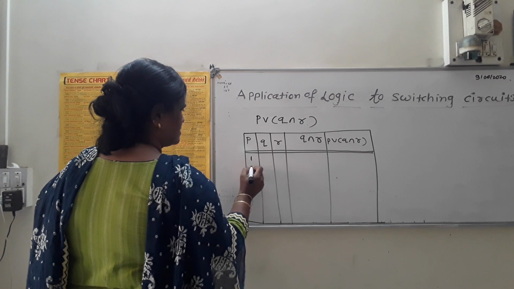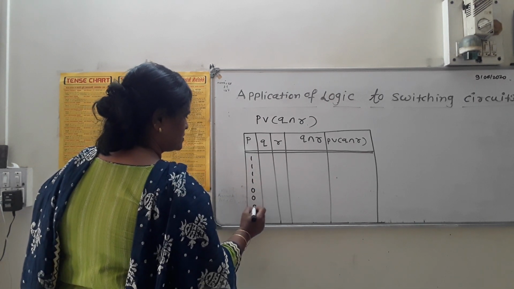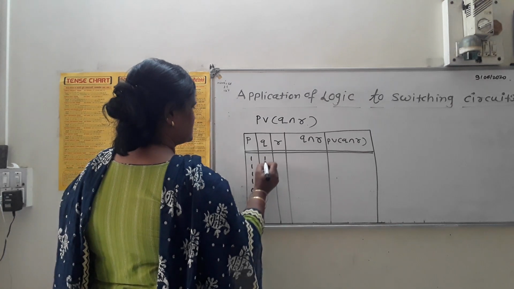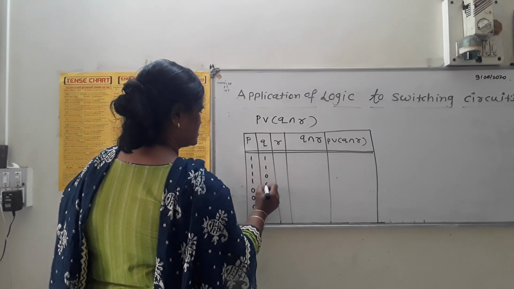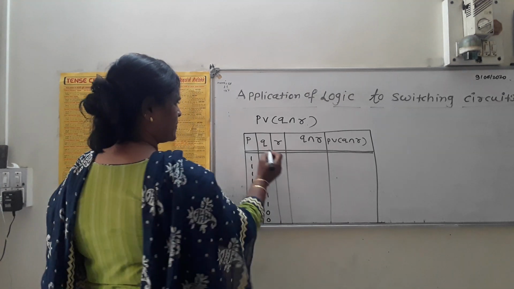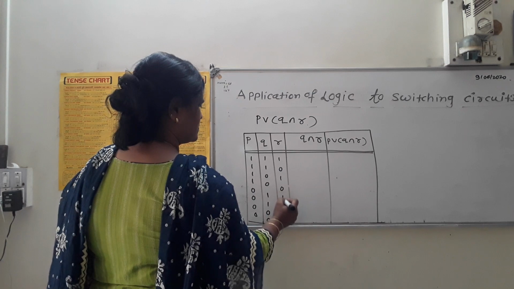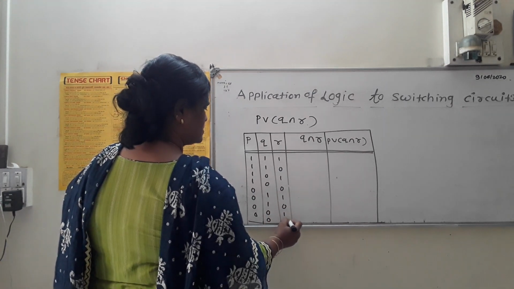Here is 1 1 1 1 0 0 0 0. Here is 1 1 0 0 1 1 0 0. Here is 1 0 1 0 1 0 1 0.